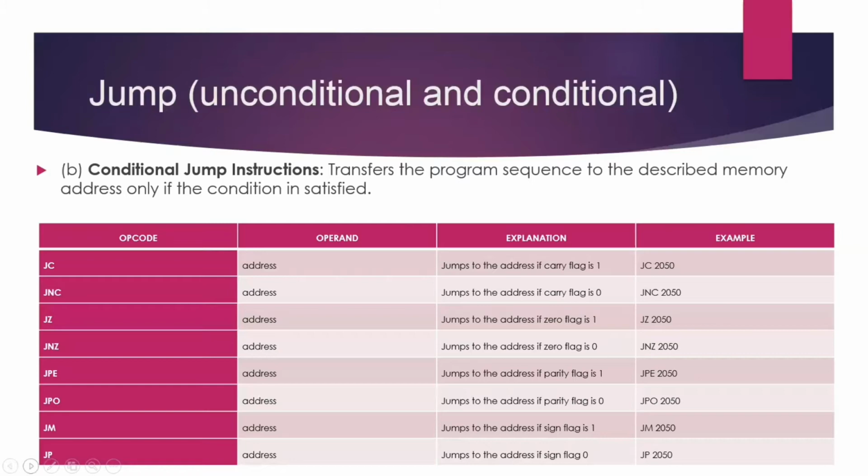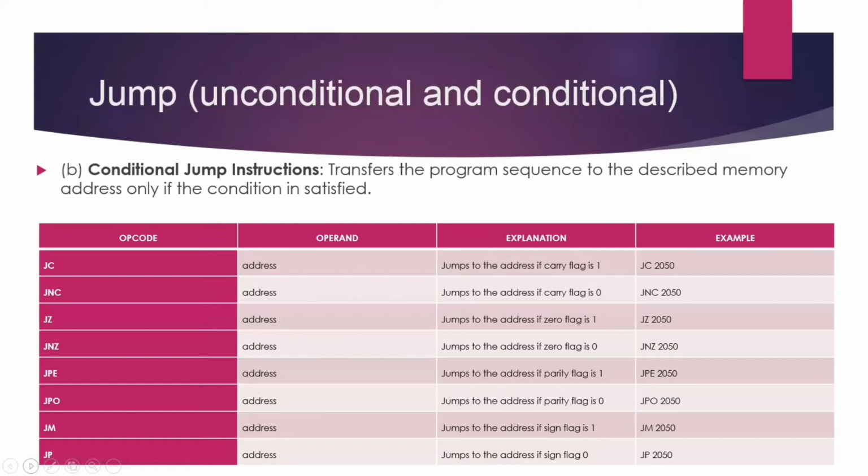If JZ, the zero flag is 1, it executes the instruction at the specified address location, and JNZ is jump if not zero, where the zero flag is 0, then the address is executed for the particular location.